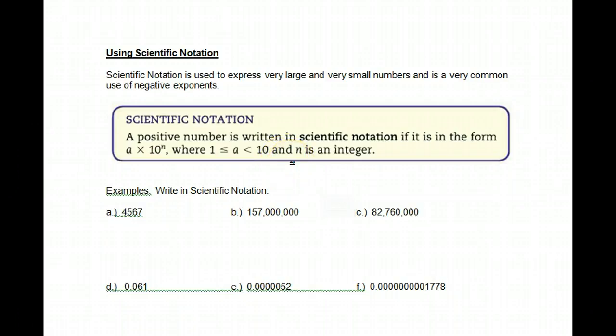So in other words, the number that we use whenever we convert a number to scientific notation can be 1, 2, 3, 4, 5, 6, 7, 8, 9, and that's it, anywhere in between there.